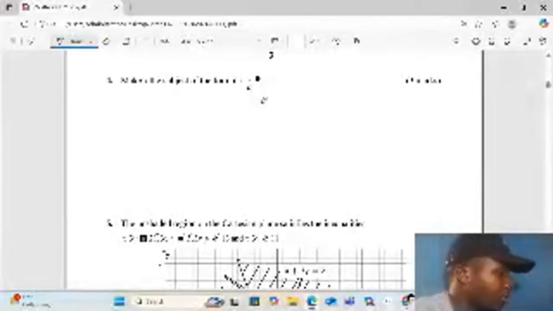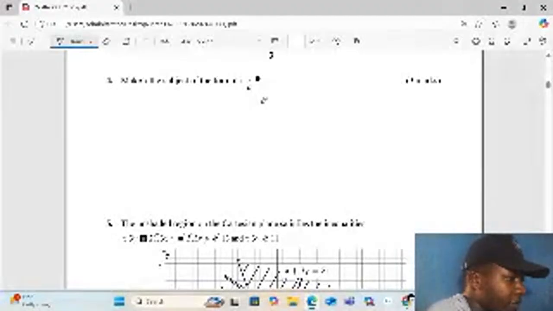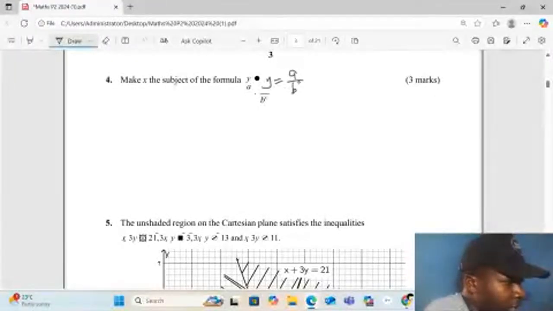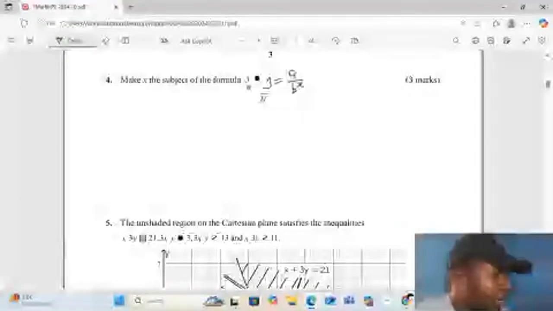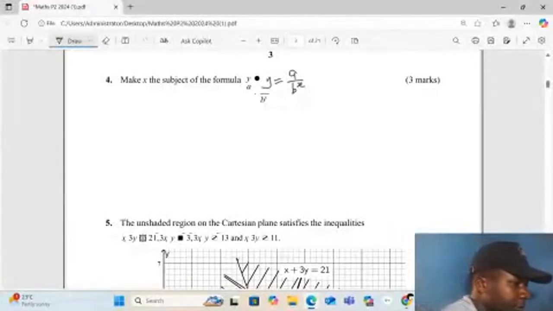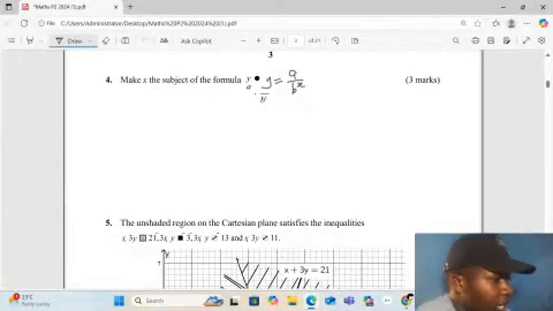Now, this is the formula: y is equal to a over b power x. This is how you deal with it.